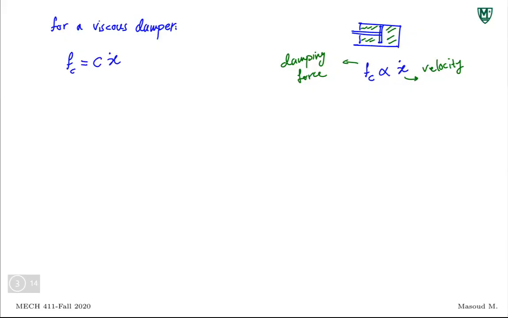Now this C is damping constant. Can anyone tell me what is the unit for this C? Knowing that F is a force and X dot is velocity.